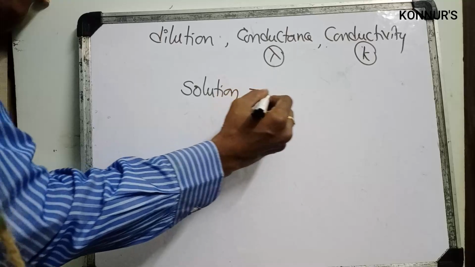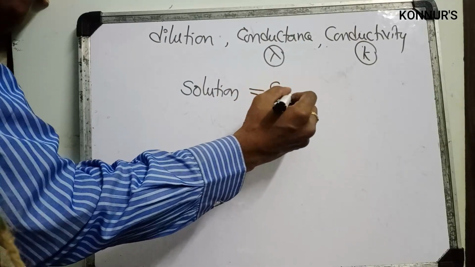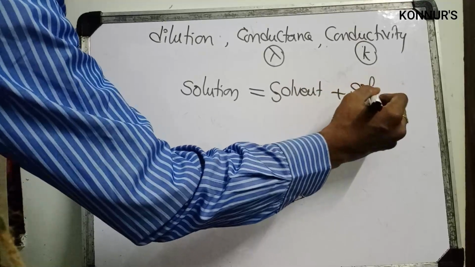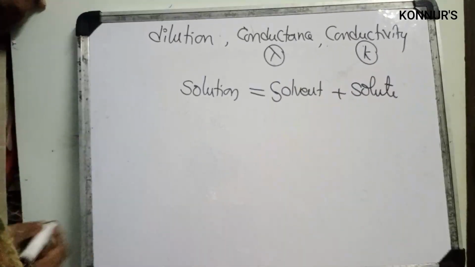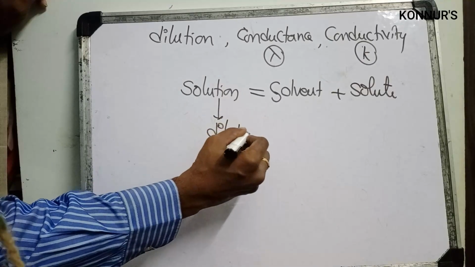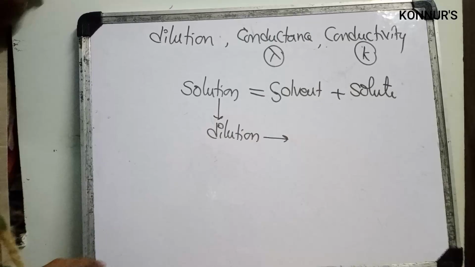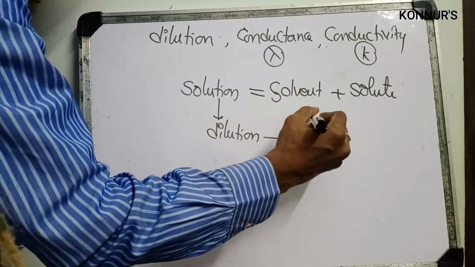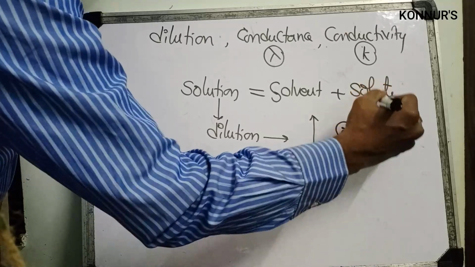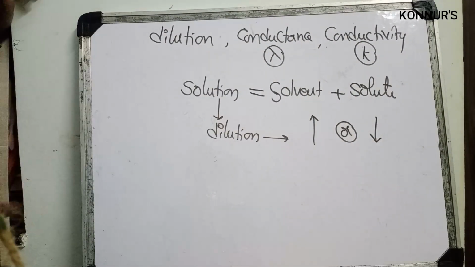It is a combination of solvent and solute. So which one do you call dilution? Dilution means increasing the solvent, otherwise decreasing the solute.